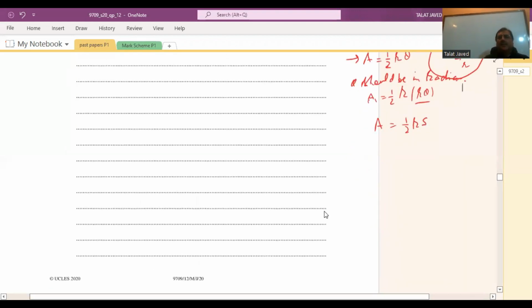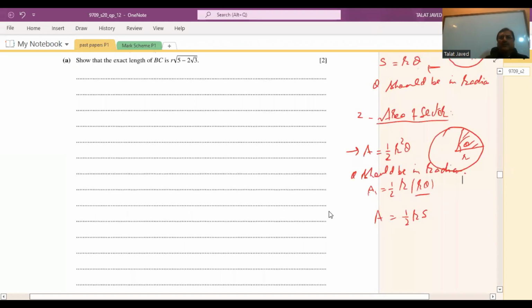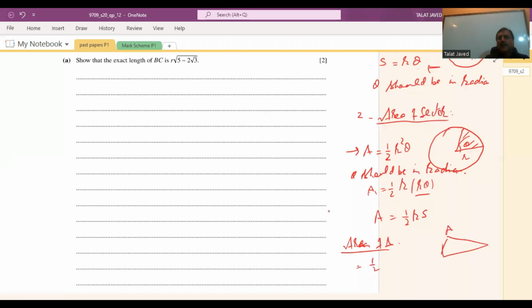And there is another formula, the sine rule, which we can use for the area of a triangle. Capital A, capital B, and capital C represent the angles. The side opposite to capital A is small a, the side opposite to capital B is small b, and the side opposite to capital C is small c.